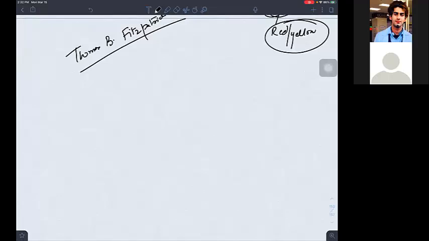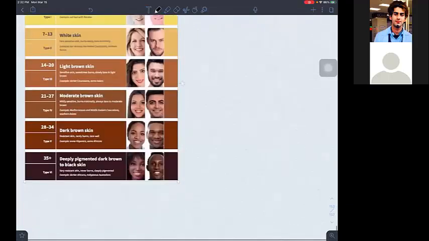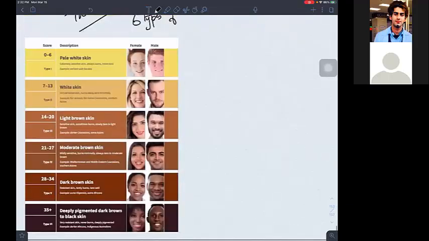He gave us a classification of 6 types of skin: type 1, type 2, type 3, type 4, type 5, type 6. No need to go into the scoring. Just remember 6 types for your first year level.